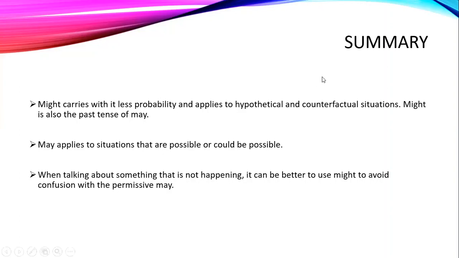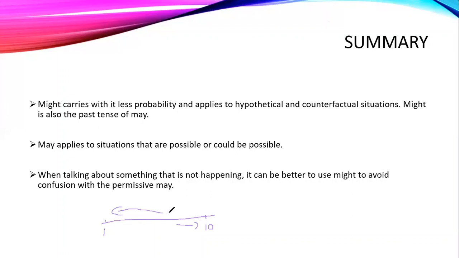If we draw a scale from 1 to 10, where would you place may? Might could be over here, which has less probability. Then may would come over here, where there is more probability of something to happen.